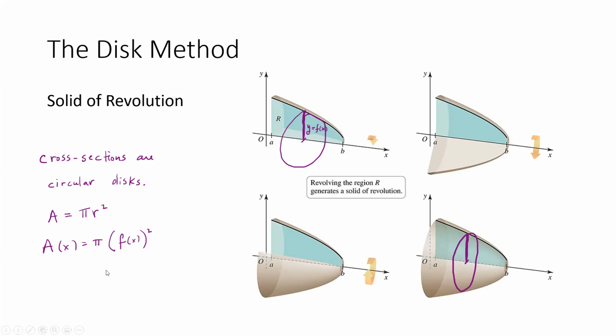And so in this example, we can compute the volume of our solid by doing the integral from a to b of pi times f of x squared. Computing the volume using these cross-sectional disks is called the disk method.